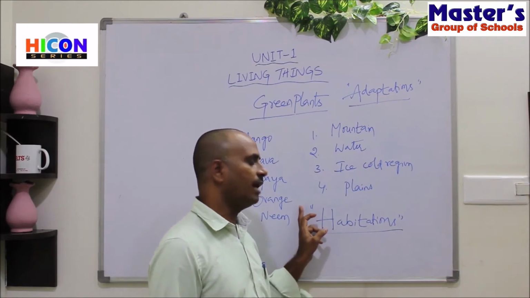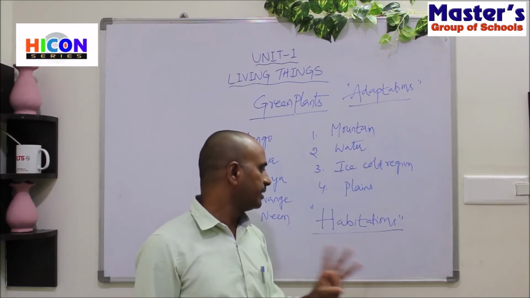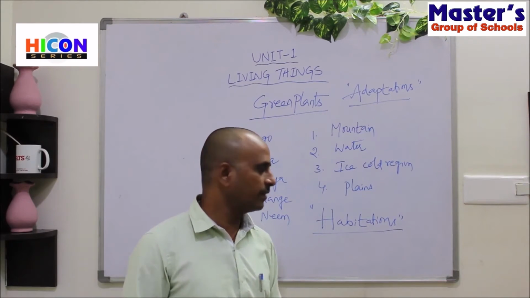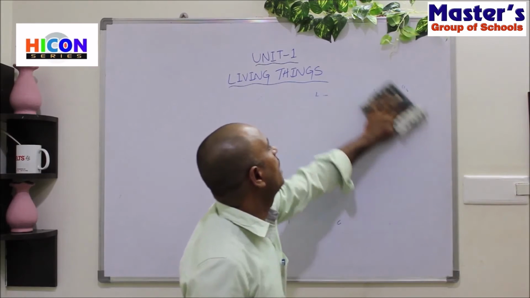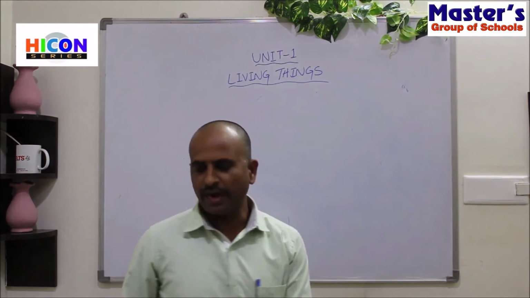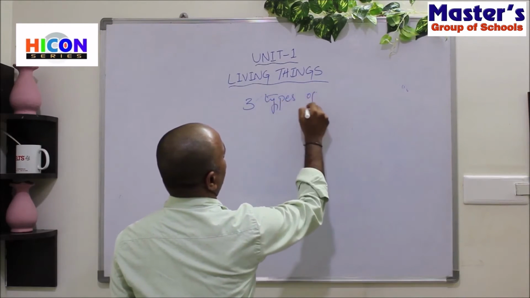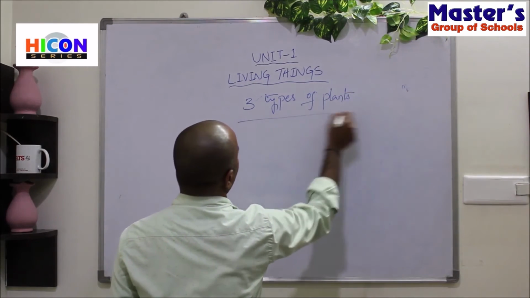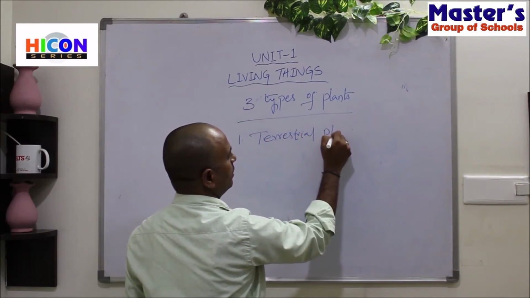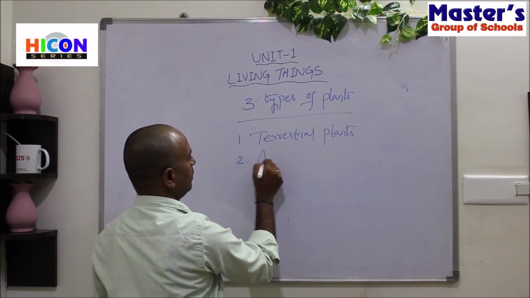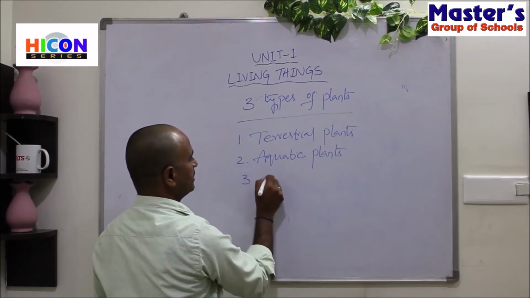The first one is terrestrial plants, the second one is aquatic plants, and the third type is insectivorous plants.